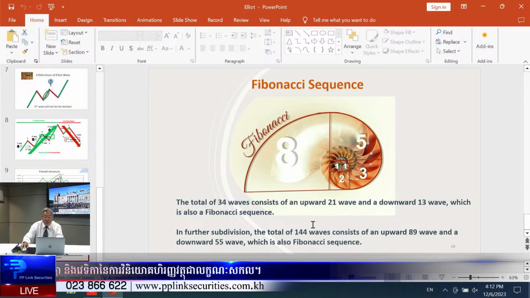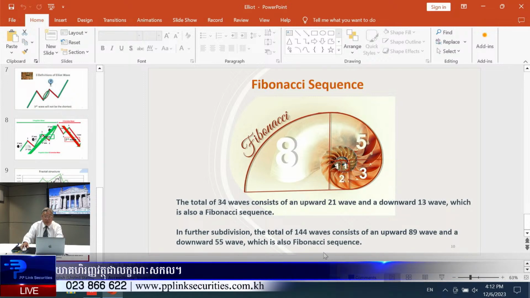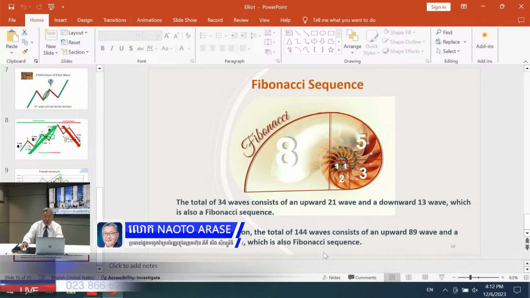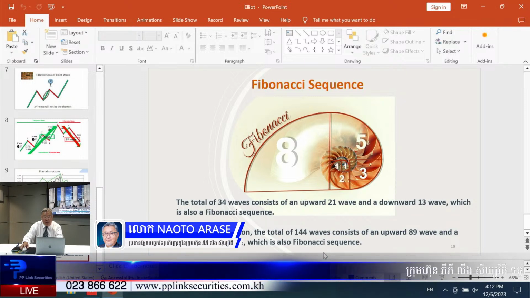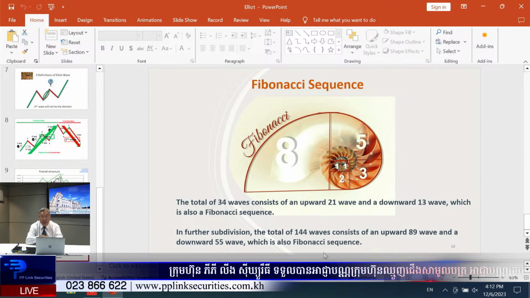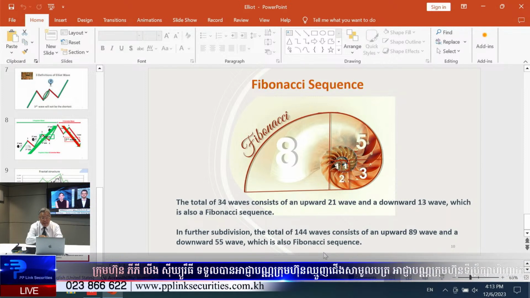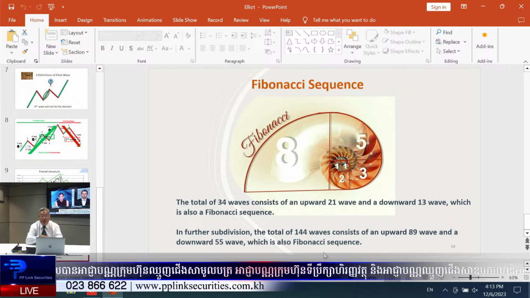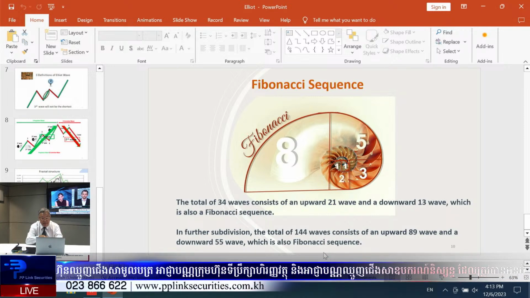So according to this definition, we can easily judge Elliott wave can be applied to the uptrend, and then you can get a very good signal from this Elliott wave together with the Fibonacci sequence concept, okay?